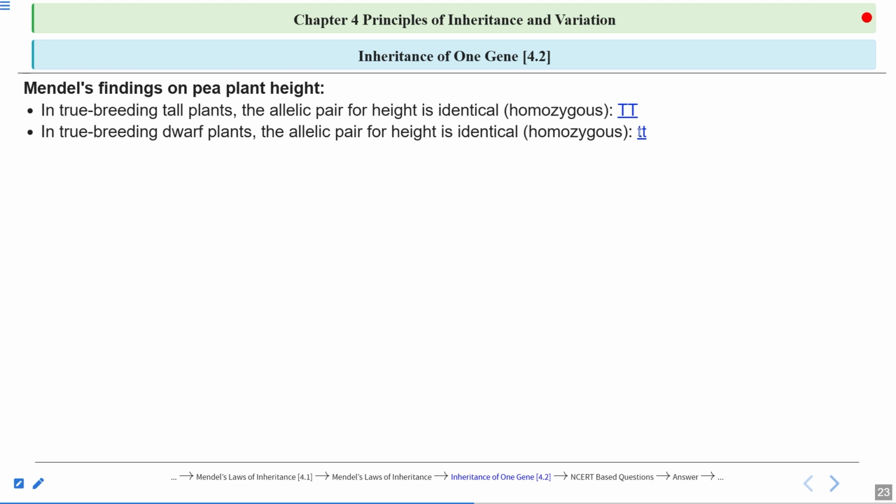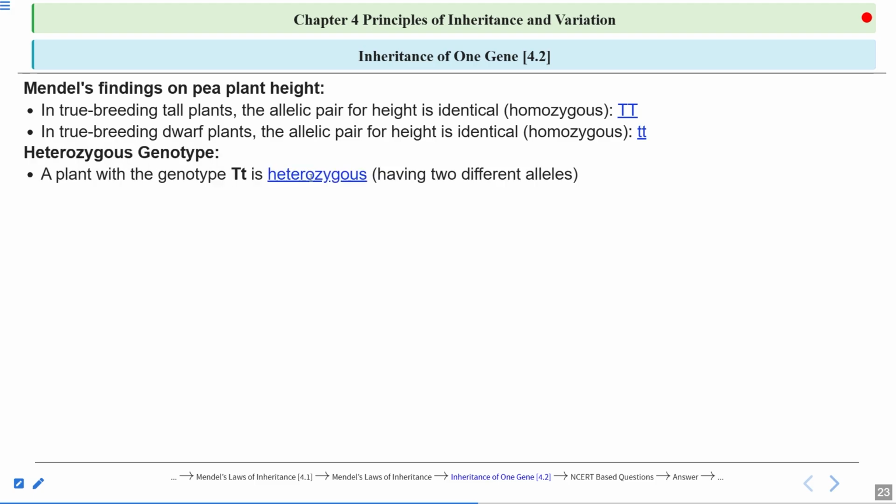When the two alleles are identical to each other, these are known as homozygous. Homozygous can be homozygous dominant or homozygous recessive. Now heterozygous was also observed. A plant with genotype capital T small t is heterozygous, meaning having two different alleles.